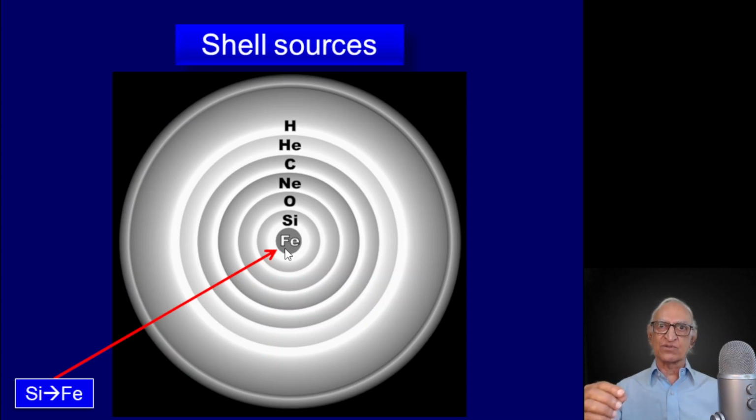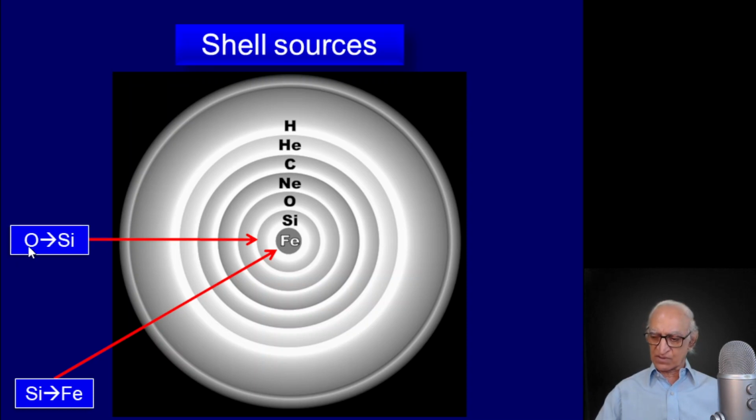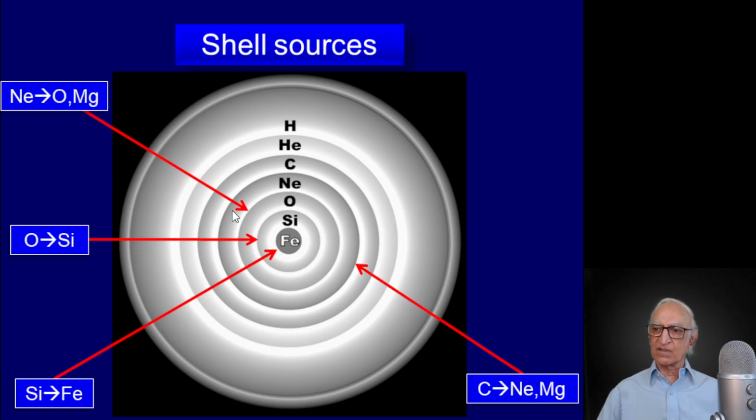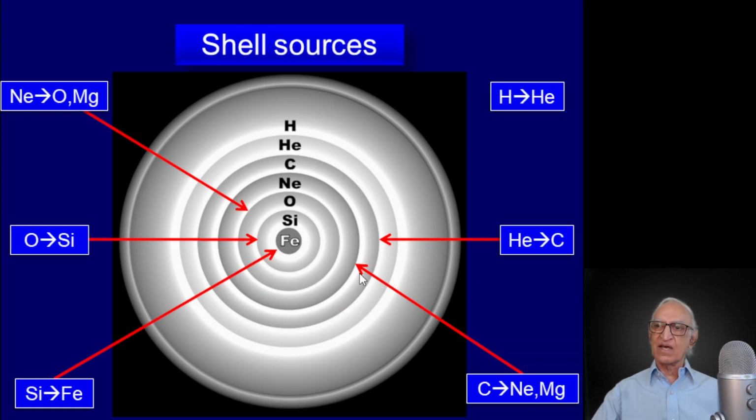being converted to iron, and then you'll find a layer where the oxygen is being converted to silicon, and then you'll find a layer where neon is being converted to oxygen and magnesium, and then a layer where carbon is being converted to neon and magnesium, and then you have a layer where helium is being converted to carbon, and then hydrogen being converted to helium.